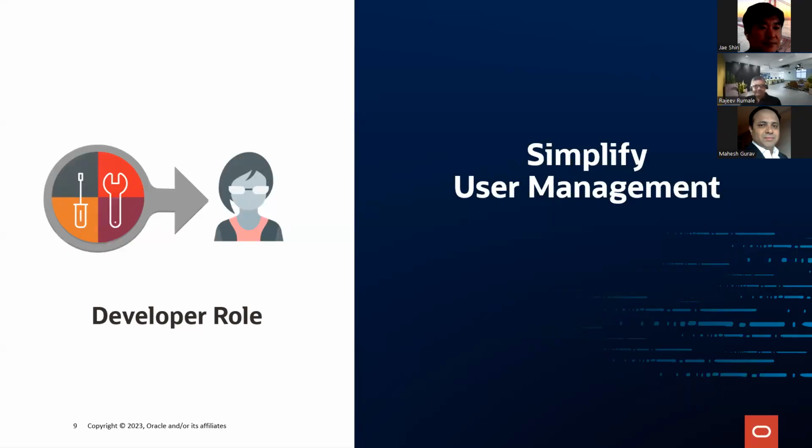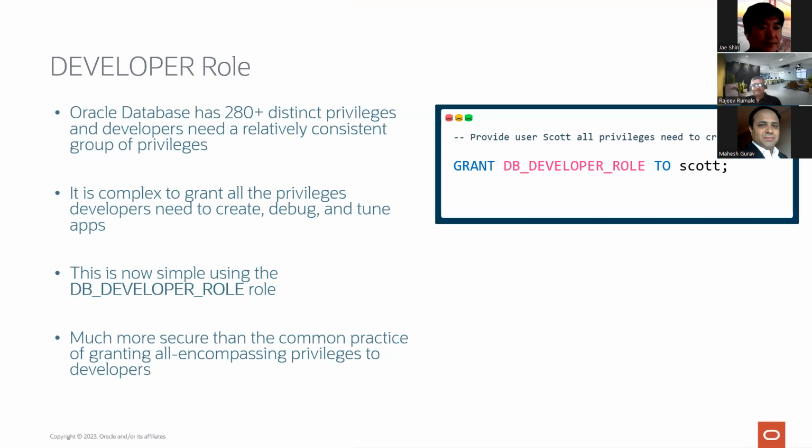Okay, so let's jump into the section. So the first one is the developer role. This is a new role that we have added to the database that you can use to assign privileges to the developer team, right? So generally there is a conflict between DBAs and the developer team, right?